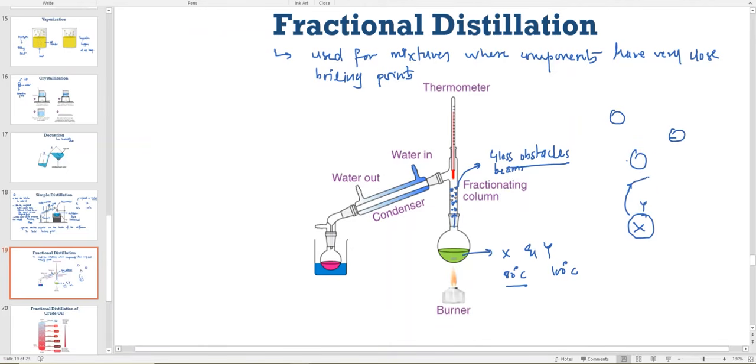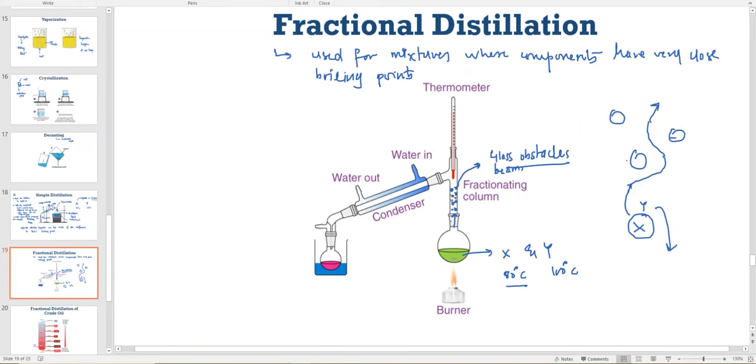X can move from here to here, but Y does not have enough energy to keep a strong hold on the X. So once it strikes one of these glass beads, the X molecule will still go up and into the condenser, but the Y molecule will not have enough energy to keep up with this complicated navigation, and it will fall back into the distillation flask. X will go into the condenser where it will be separated, and Y will remain in the distillation flask.